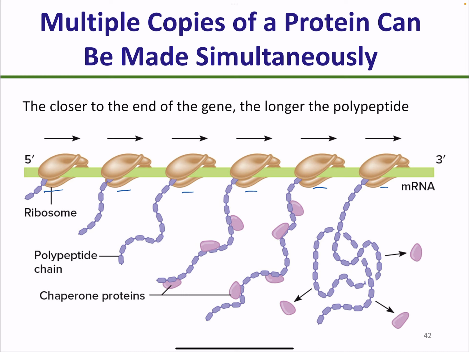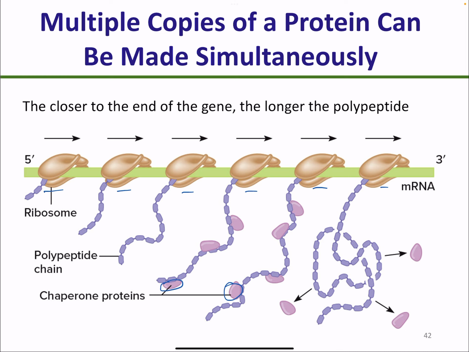All right? So eventually, when the production of the polypeptide is completed, what is going to happen next is that some proteins that we call chaperone proteins are going to come and bind on the final polypeptide.